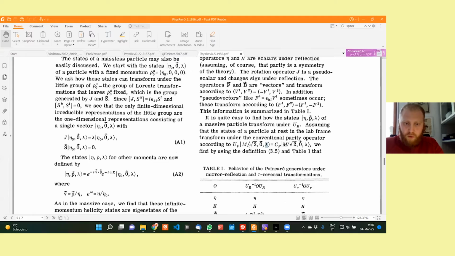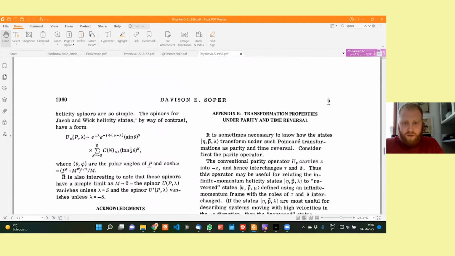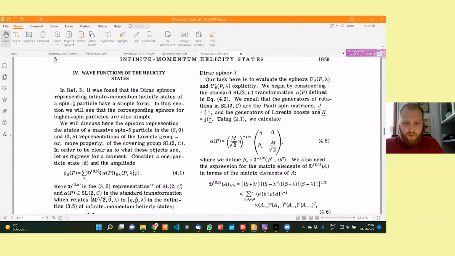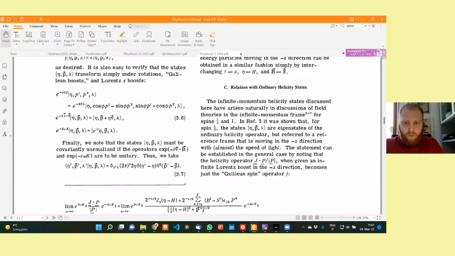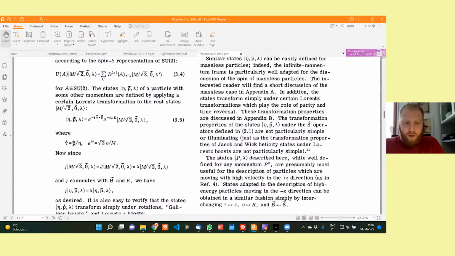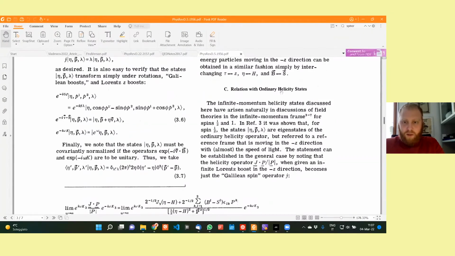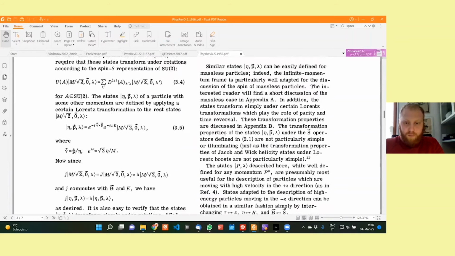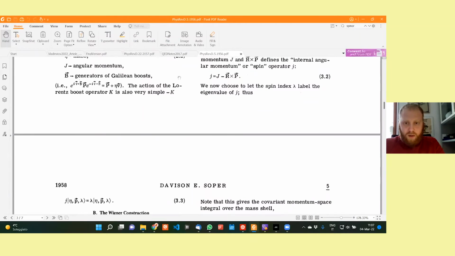However, if you look into the definition of this light front helicity lambda, somewhere in the paper, I do not remember where, you see that he discusses this relation with ordinary helicity states. It is much more like a spin.